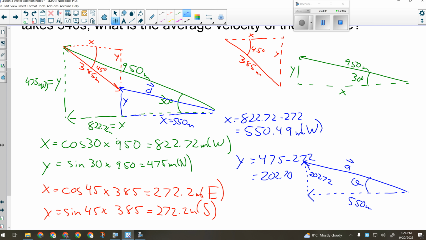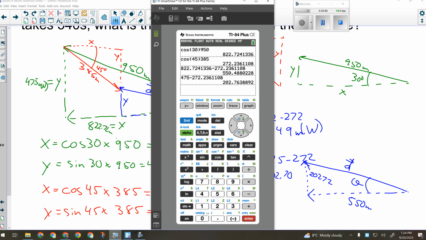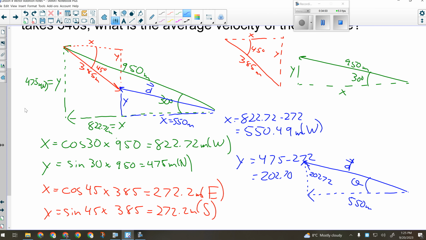All right, so now that we've got that triangle built, now we can calculate what D is. That's the magnitude of D, by doing the Pythagorean theorem. So we'll take our 550 squared plus our 202 squared, and our resultant is 586.6 meters.